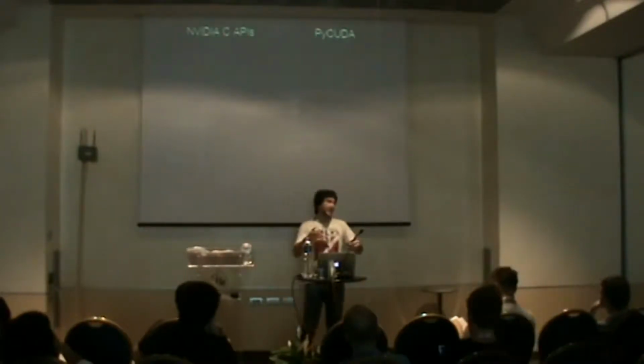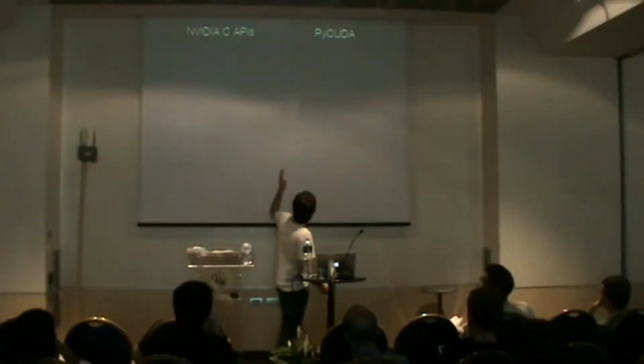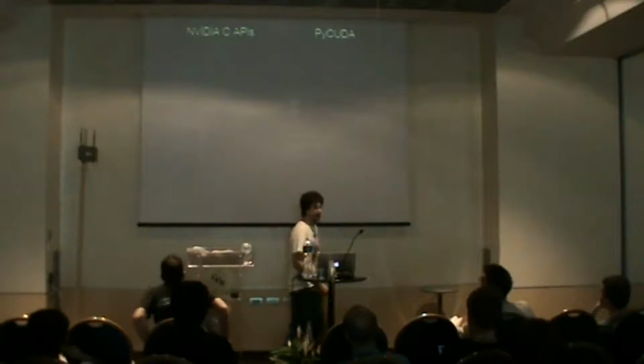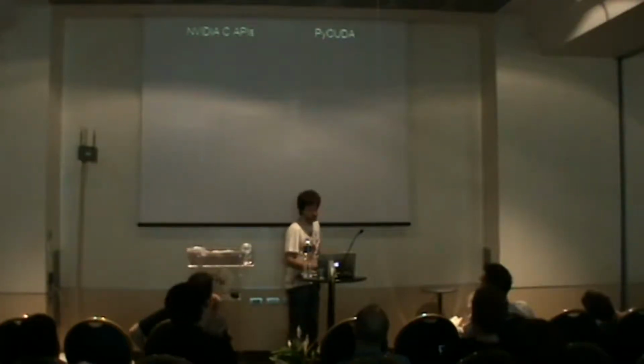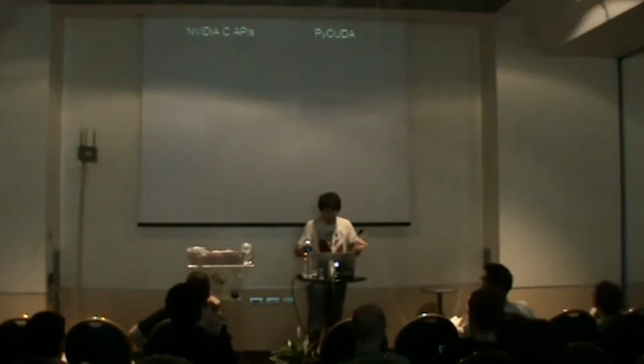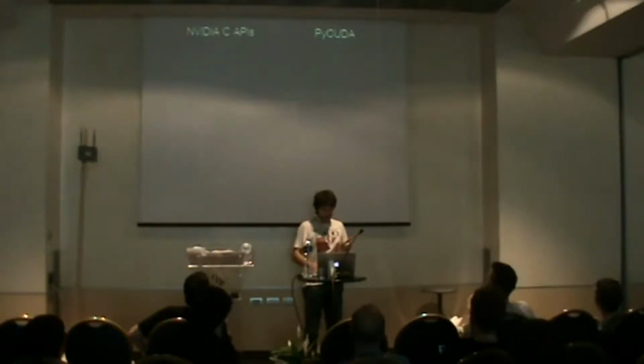There is about 50% less code on the right, the PyCUDA program, than on the left, where there is the Nvidia C API program.